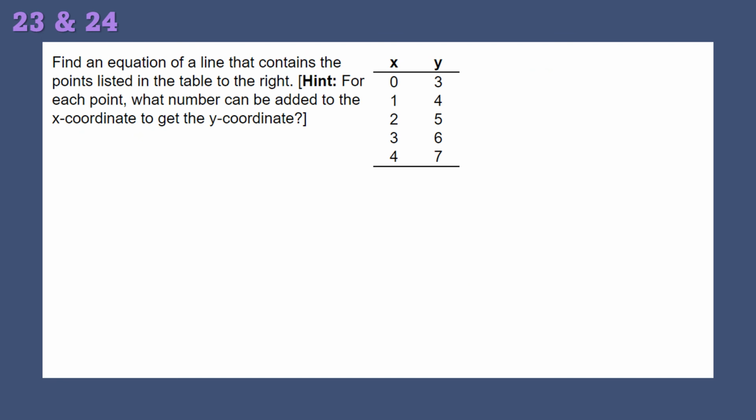Find an equation of a line that contains the points listed. We could come up with this off the top of our head, but I'm going to use the method we've used on other problems in this review. We have 2 points right there, so I'm going to use a linear model. It says find a line, so I'm going to say delta y over delta x to find my slope. How much does the y change? It goes up 1. And how much does x change?